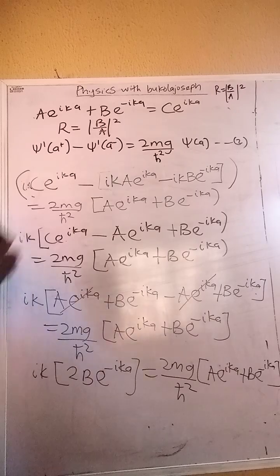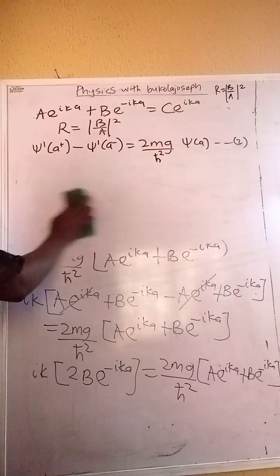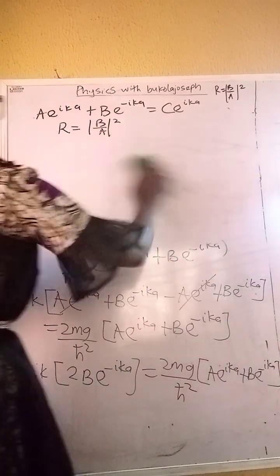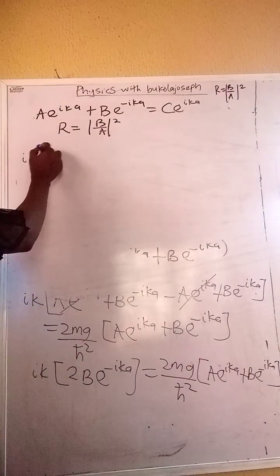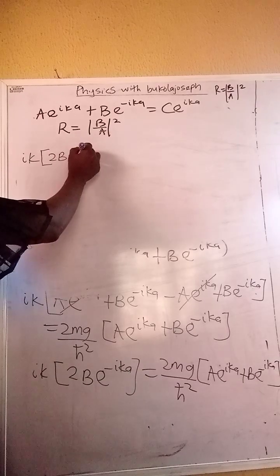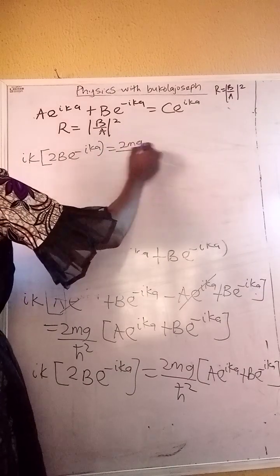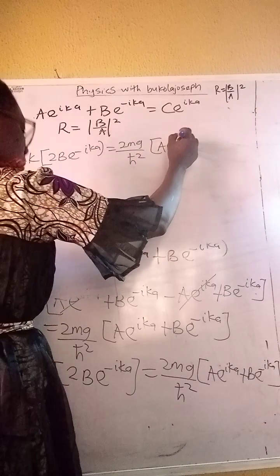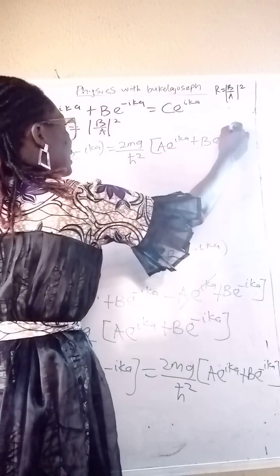Sorry, I wiped the upper parts. I think we're through with this. I don't think we need this information too. So I'll bring it forward. We have ik into 2B exponential minus ika is equal to 2mg over h cross squared, A exponential ika plus B exponential minus ika.